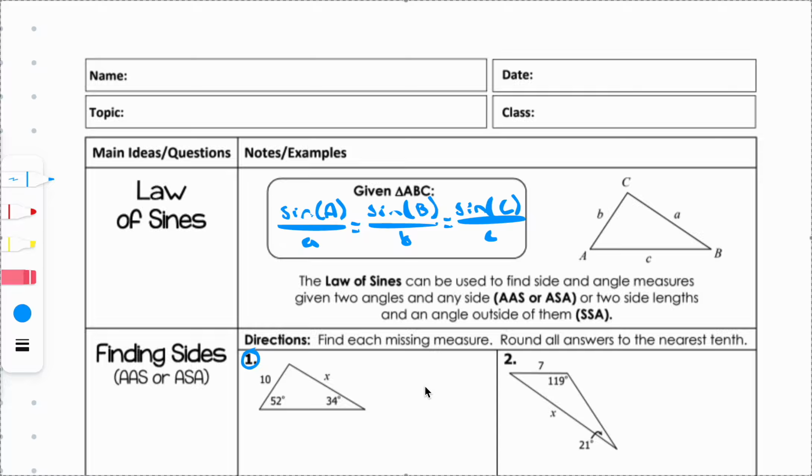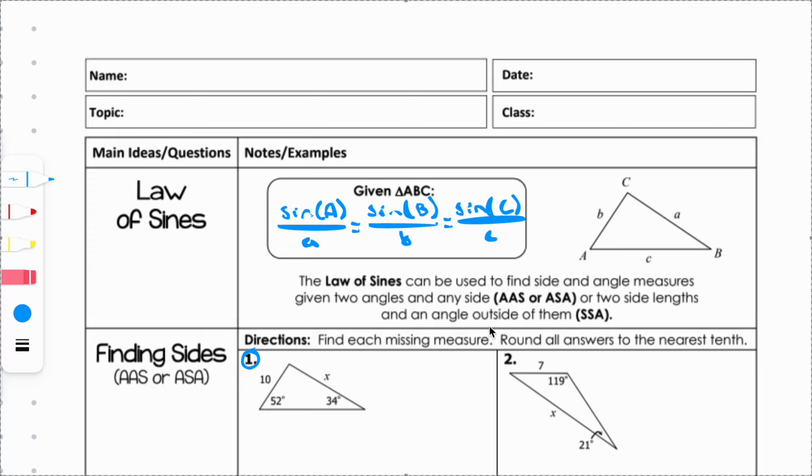So we're just looking at the ratio of the sine of an angle divided by the side across from that angle. Okay, and all of these are proportional to one another, and we can use this law of sines in three cases. First, when we have two angles, so that would be AAS or ASA, and so that side can either be outside of those two angles or between those two angles.